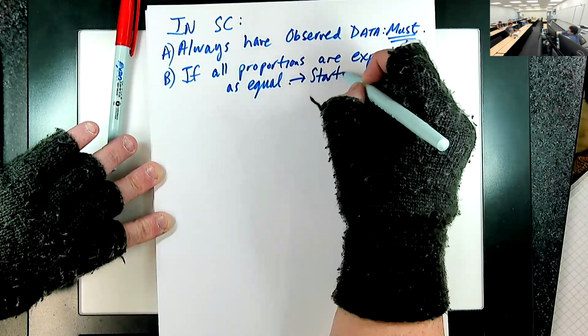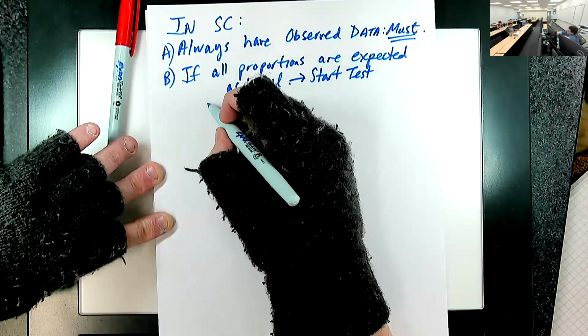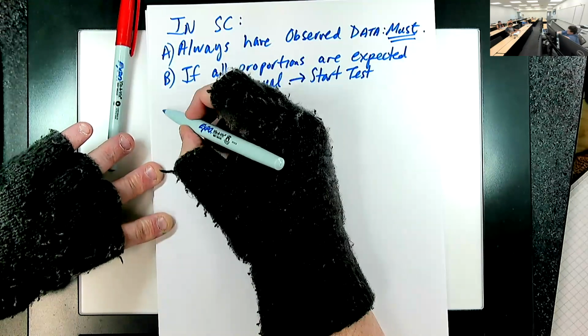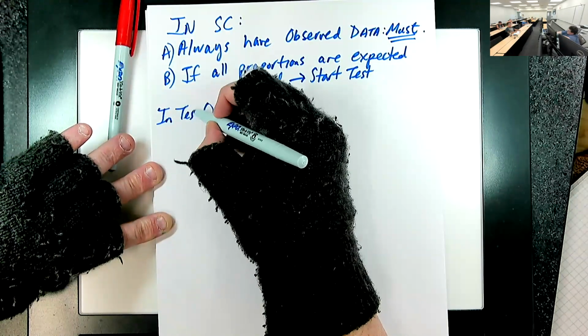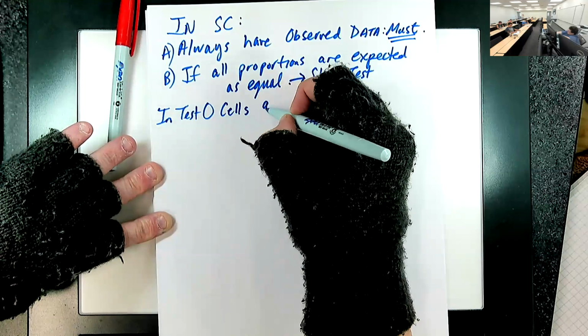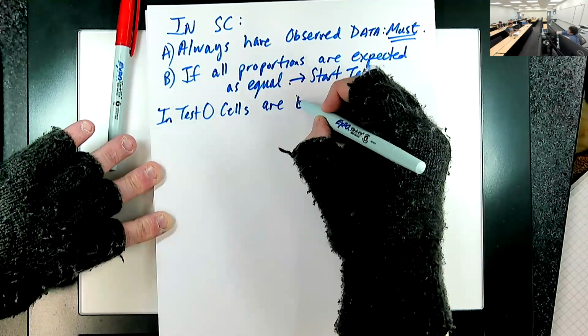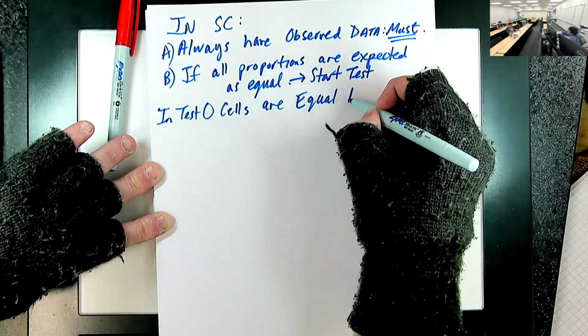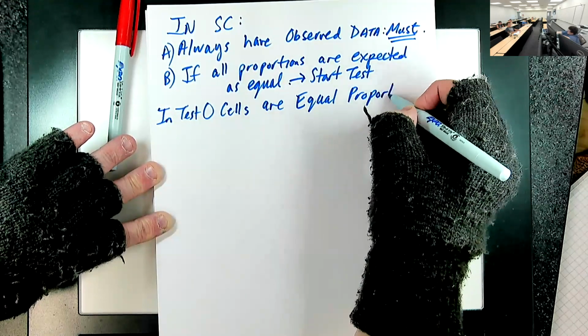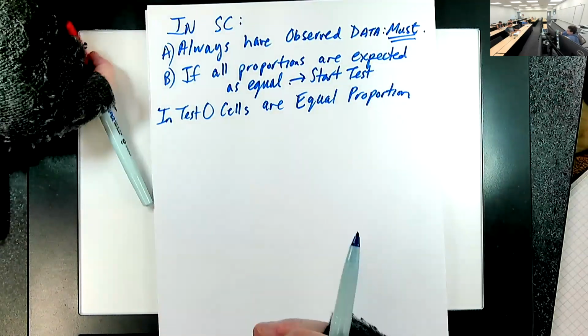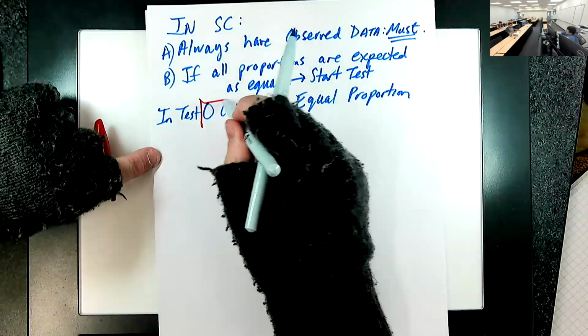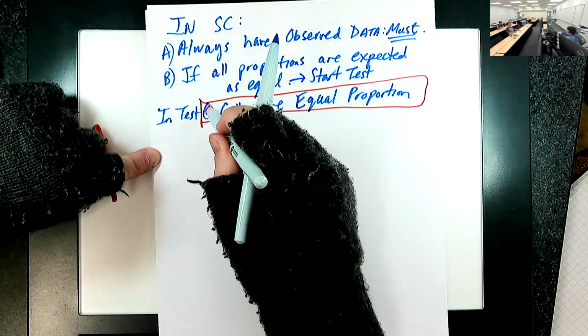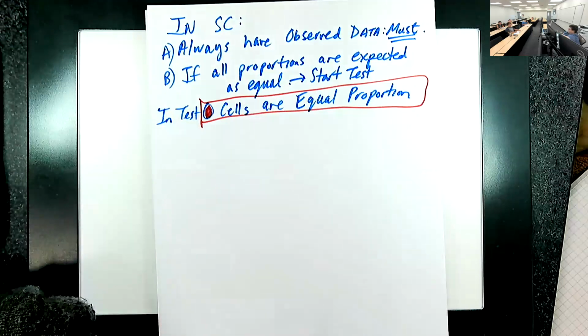Start test. There is an option to click in the test: cells are in equal proportion. You'll see it. It's a little box with a little radio button, and we'll fill in the button and say, that's what we want.